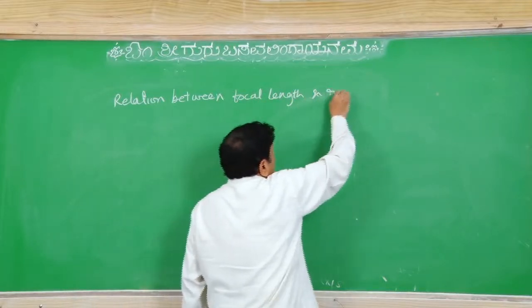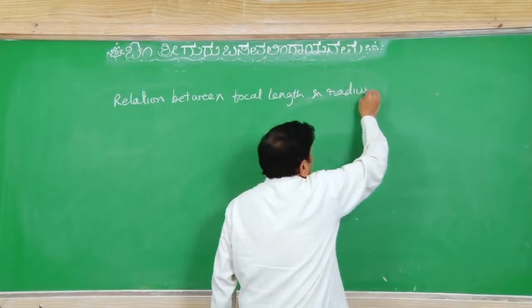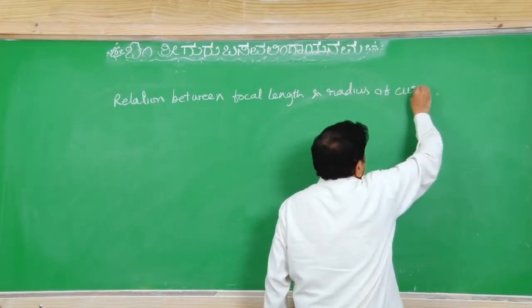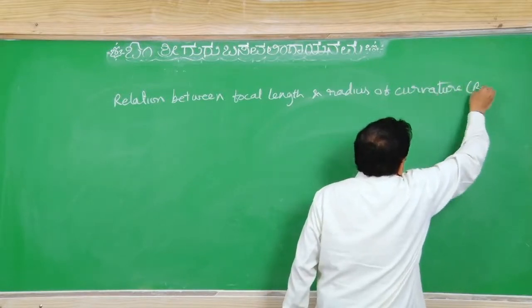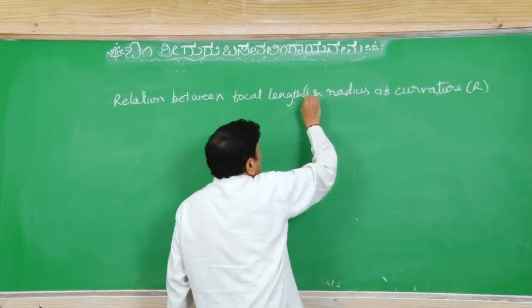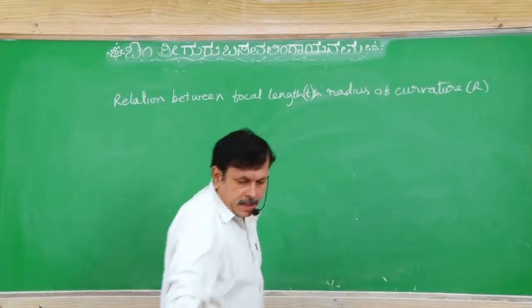Radius of curvature is denoted by letter R. Focal length is denoted by letter small f.